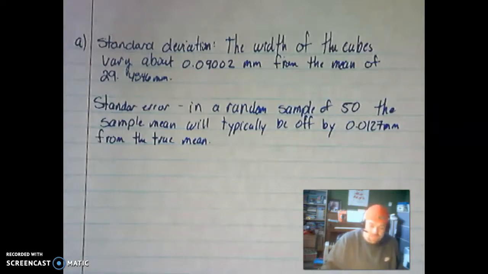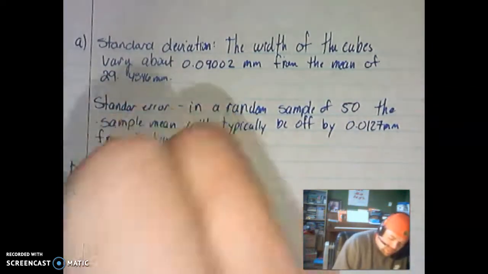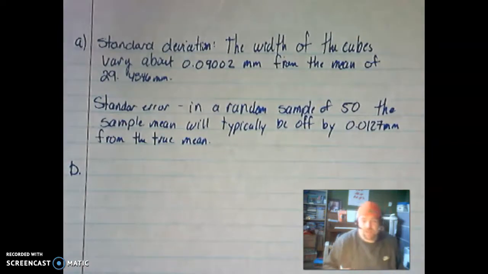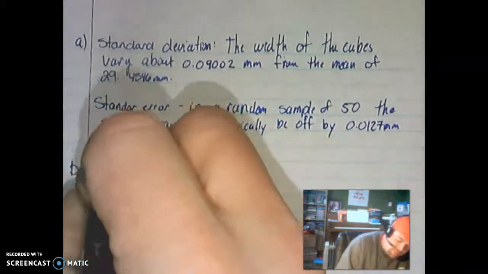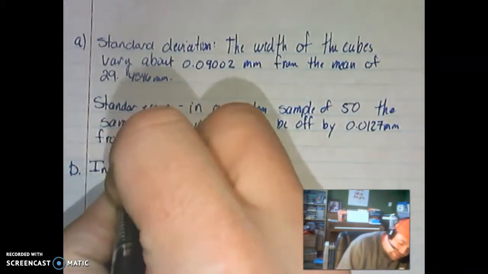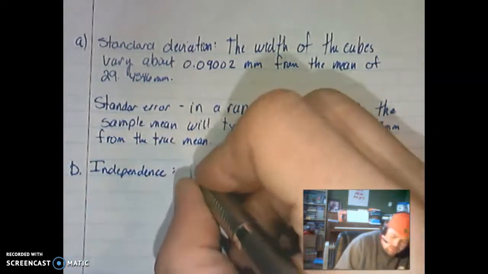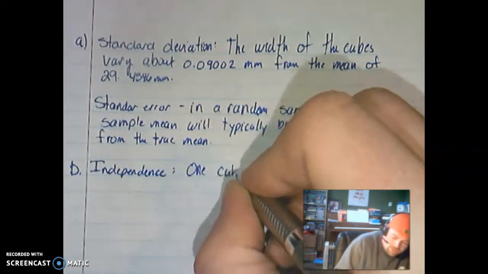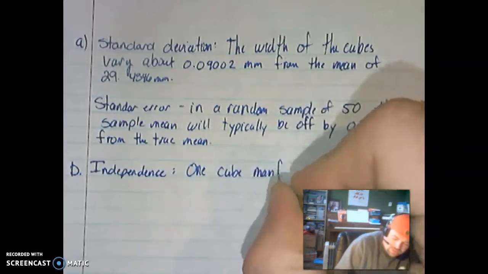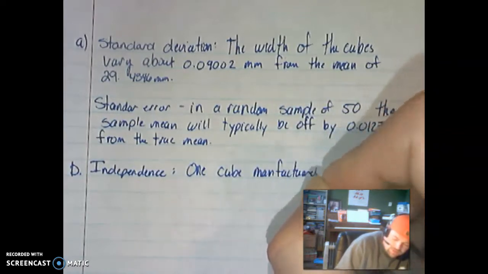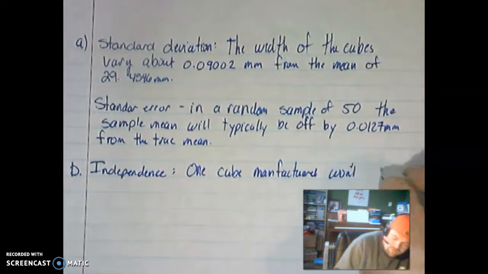Now, part B, we need to start checking our conditions. We really can't state our null hypothesis or alternative hypothesis until our conditions have been met. So the independence condition: one cube manufactured won't affect the other.